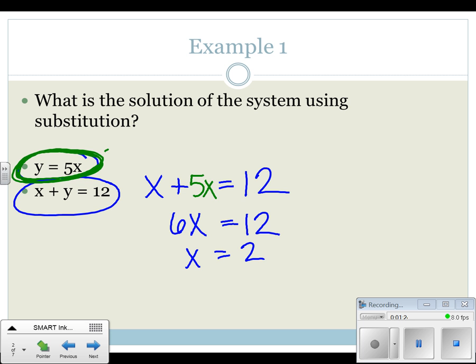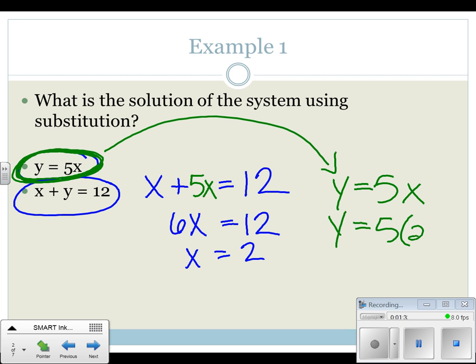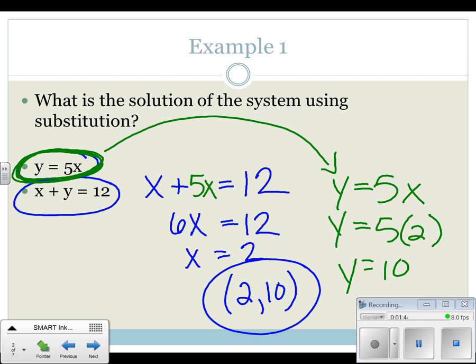I take y, which is 5 times x, and I replace x with 2, and I'm now knowing that y is 10. So the solution is the ordered pair (2, 10). And if I were to graph both these equations, I would see that they intersect. They're consistent at that point (2, 10). This is yet another method to solve a system.